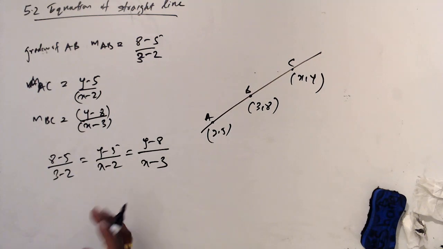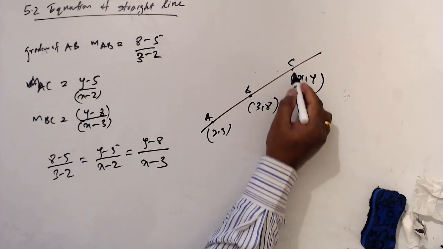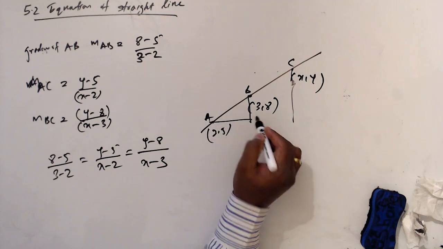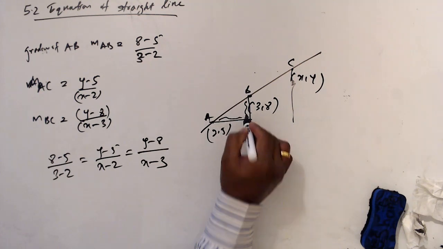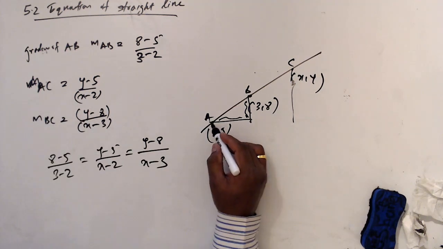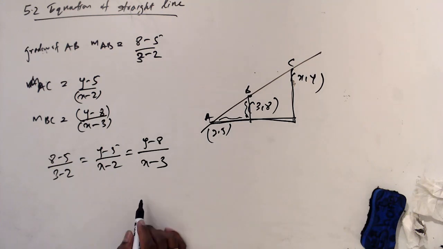So basically this is the summary. AB: I consider this triangle, this length divided by this length. Then AC: this is the big triangle.